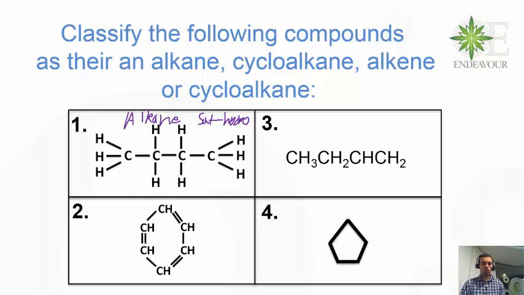What about number 2 here? So we've got a ring structure. I've actually shown the carbon atoms in this case, so it's in a condensed structural formula, and we've got a combination of double carbon-carbon bonds and single carbon-carbon bonds. So we know it's going to be a cyclo because it's a ring structure, but is it going to be a cycloalkane or a cycloalkene?